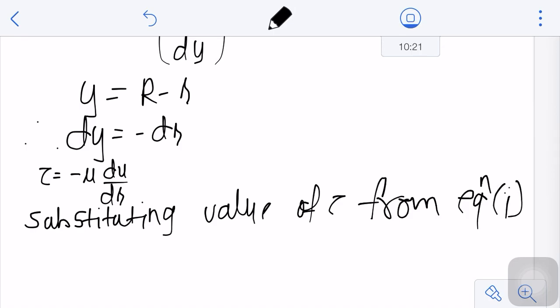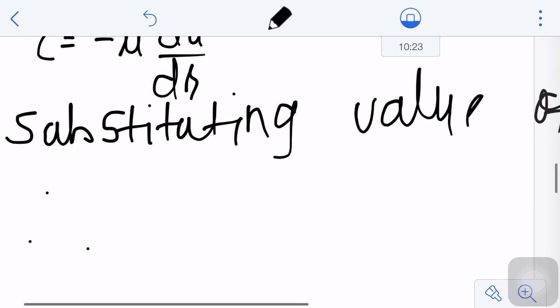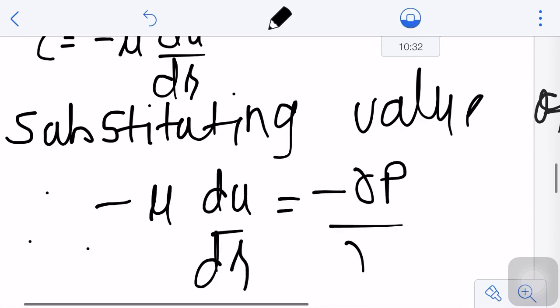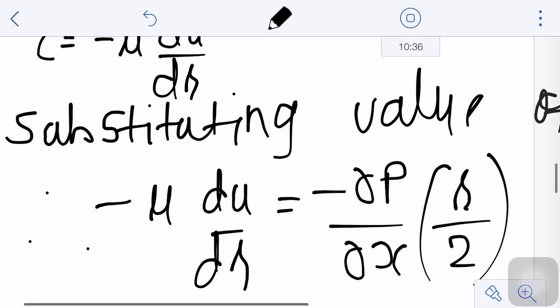What we can say, we are going to get the final form like minus mu du upon dr is equal to minus curly p upon curly x into small r by 2.